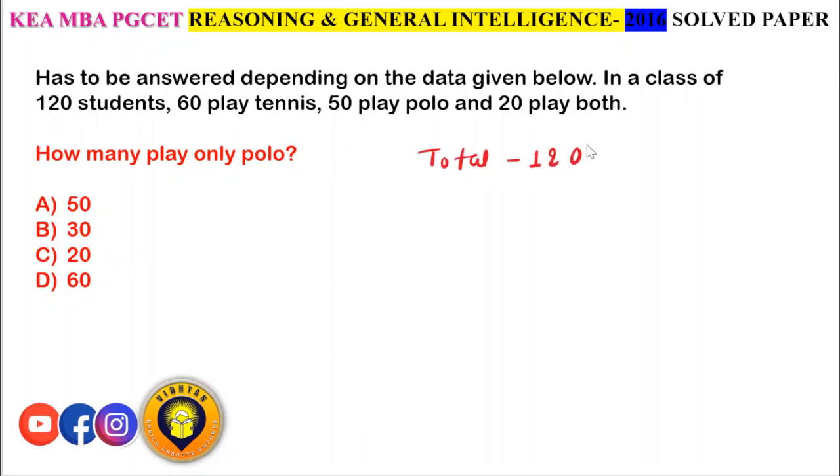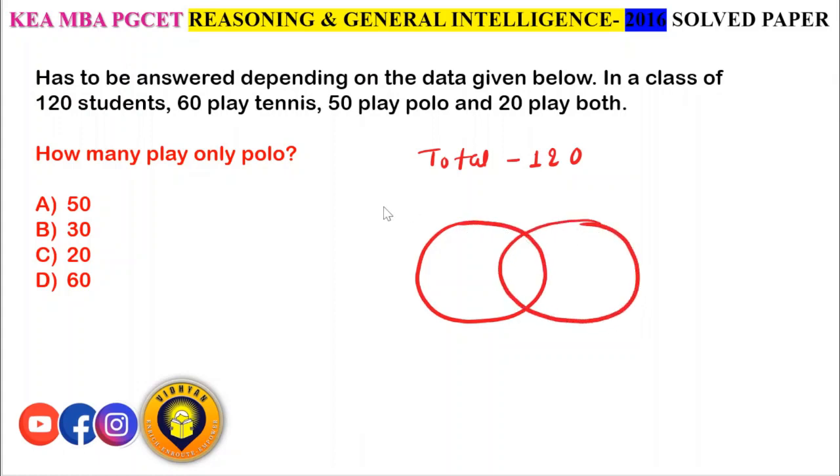Then out of this 120, 60 students play tennis. Okay, so there are two types of games. One is tennis and the other one is polo. Now 60 students play tennis, that means this whole circle, the total value will be 60.